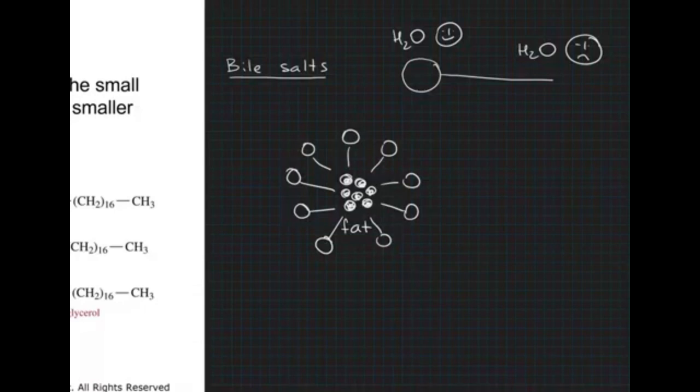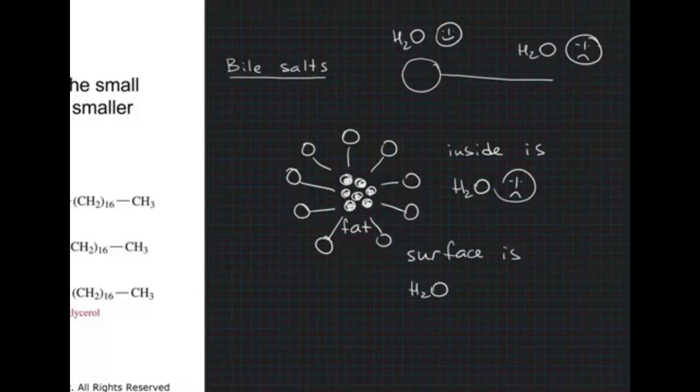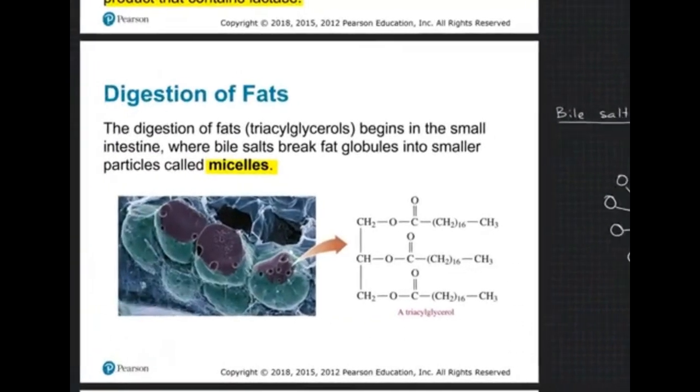So inside of a micelle is a hydrophobic, fatty environment. The surface is a hydrophilic environment, and the surface is exposed to the watery environment of your gut.